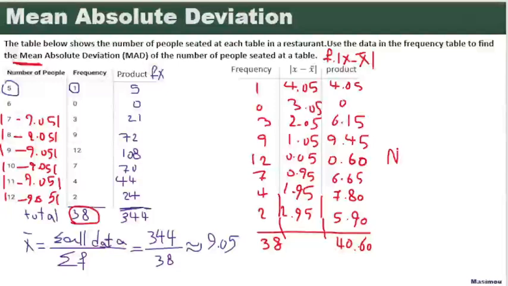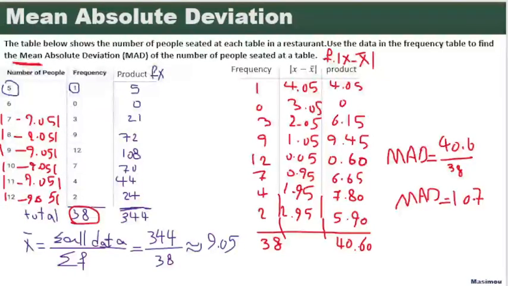Now to find the mean absolute deviation, as I said, the sum of all the data divided by the number of data. That means 40.6 divided by 38. So the mean absolute deviation here is 1.07. So we are done here.